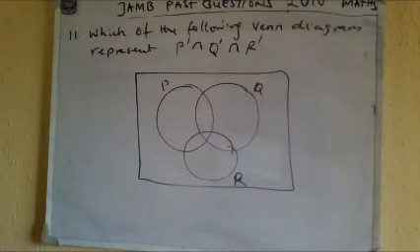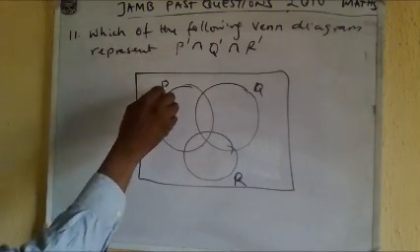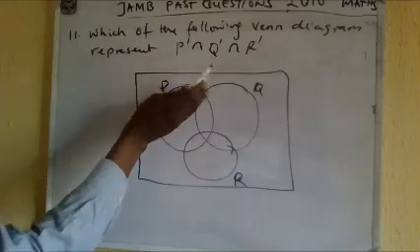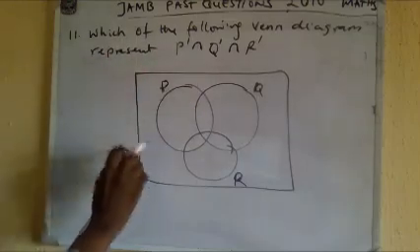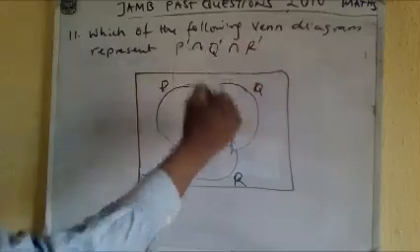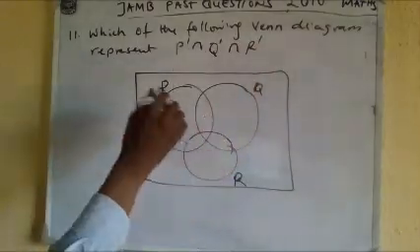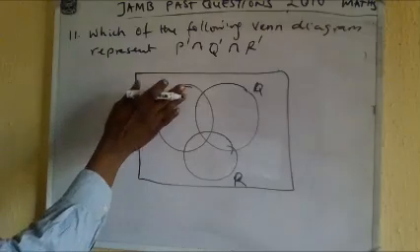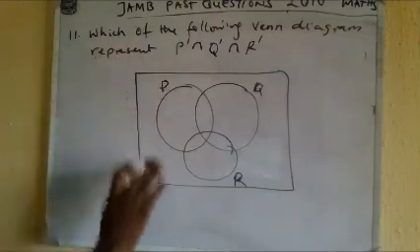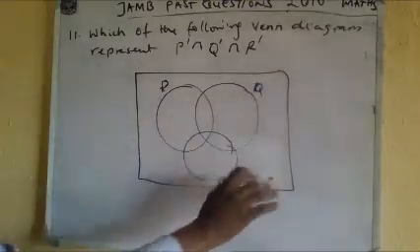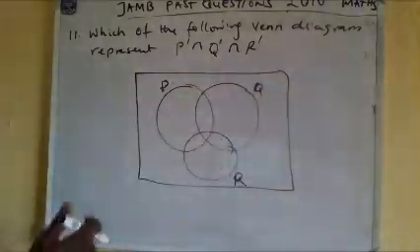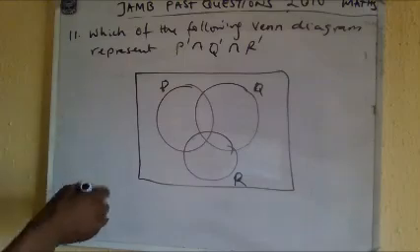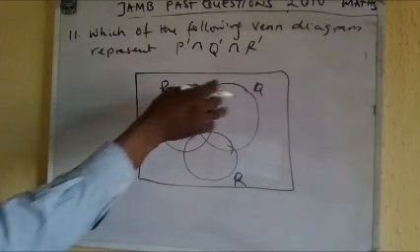But we are told to find P prime. P prime is whatever is not in P, intersects with whatever is not in Q, and intersects with whatever is not in R. It simply means that the area you are looking for is areas that are outside this.